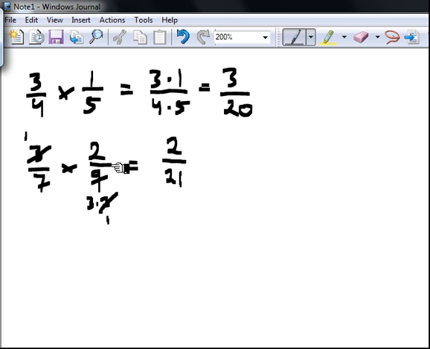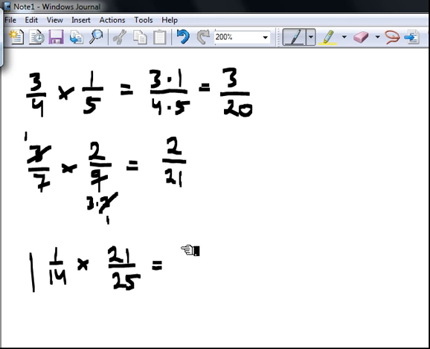Let's say we have 1 whole and 1/14 times this proper fraction 21 over 25. Well, it's a little difficult to know how to handle this mixed number in a multiplication, so we're going to change this mixed number to an improper fraction.